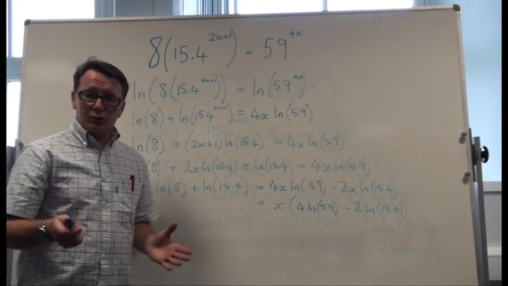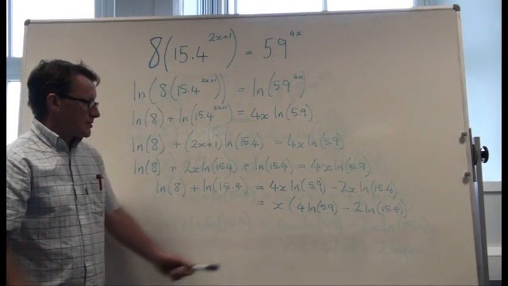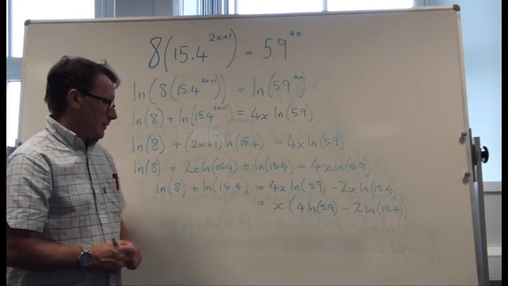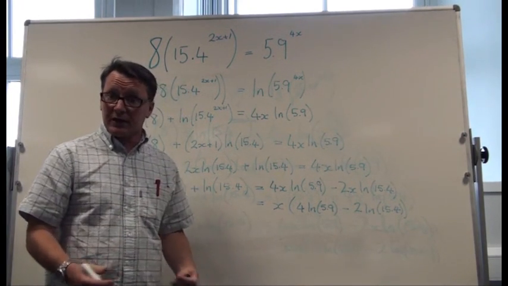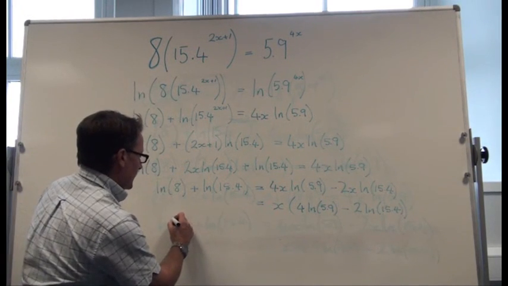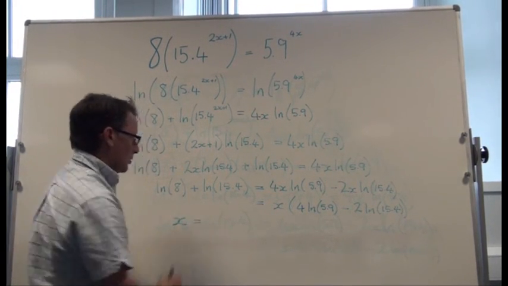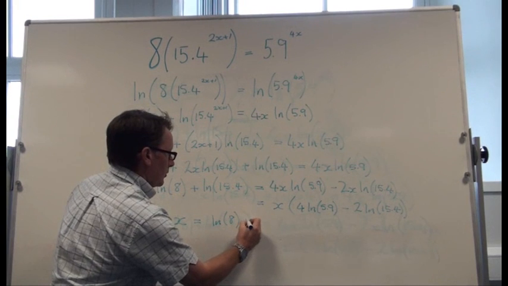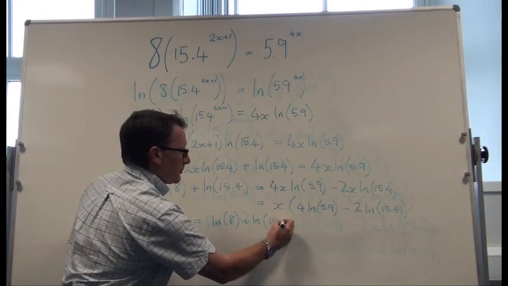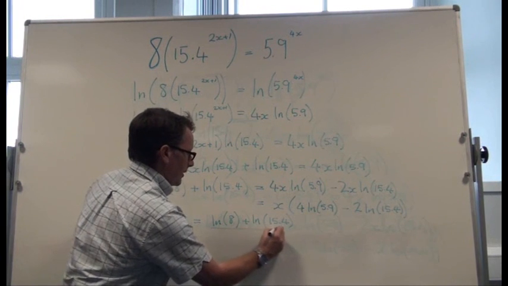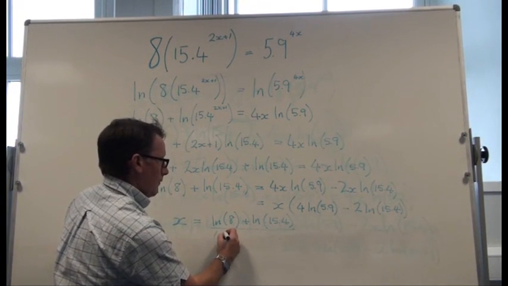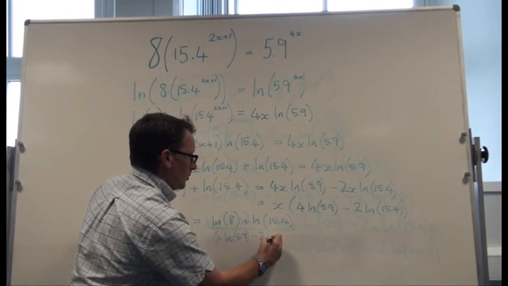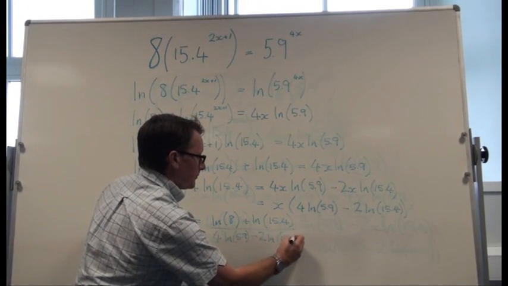Brilliant. Almost there. So now, to get x by itself, we can divide by all of that bracket and then put it in our calculator and work out what the value is. So we end up with x equals the log of 8 plus the log of 15.4, all divided by 4 log of 5.9 minus 2 log of 15.4.